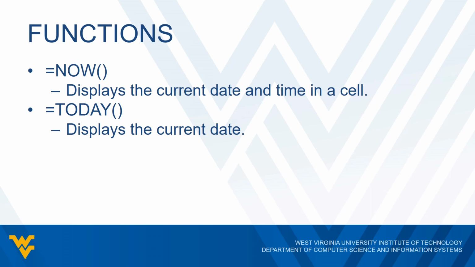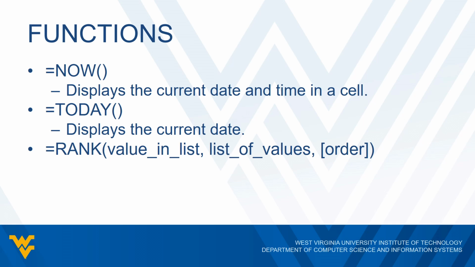Now the next function we're going to take a look at is a little different from what we've seen before. You probably have never used this function before. It's called the rank function. And in here there are two main arguments, and then there's a third optional argument. So the value in list and list of values are required arguments, and this order argument is optional.